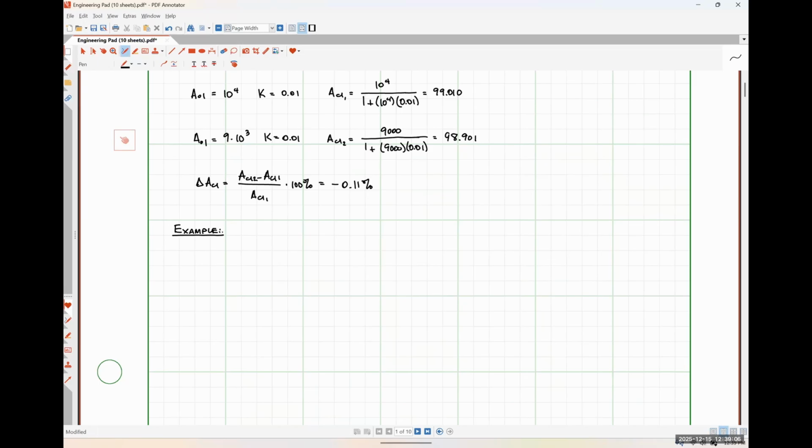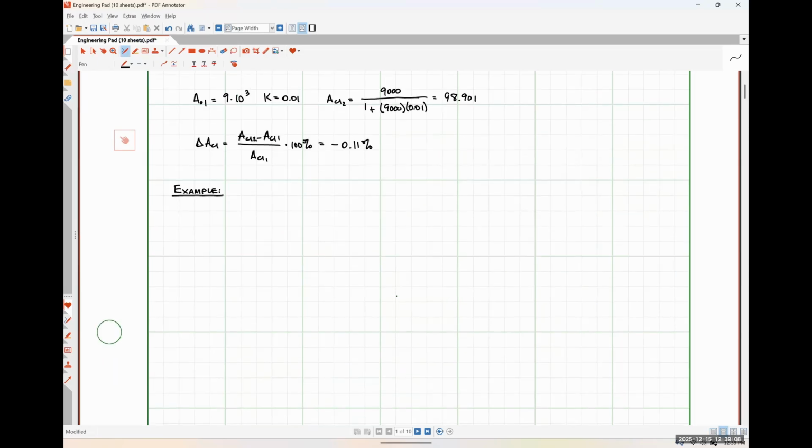Okay. So I'm going to start with a classic non-inverting amplifier, something akin to this. I'm choosing to put my inverting input terminal on top, which makes this node V minus.